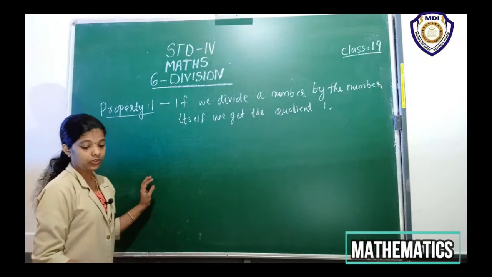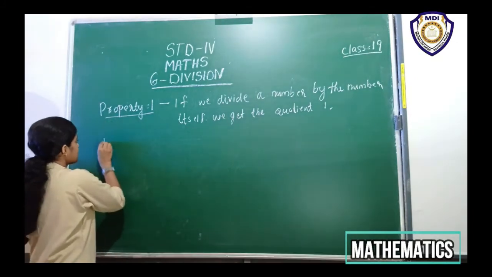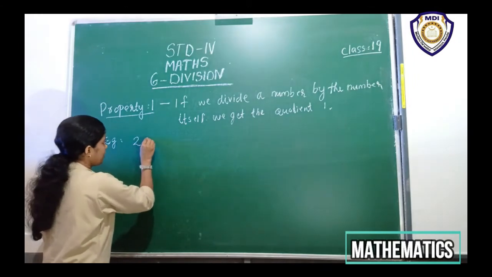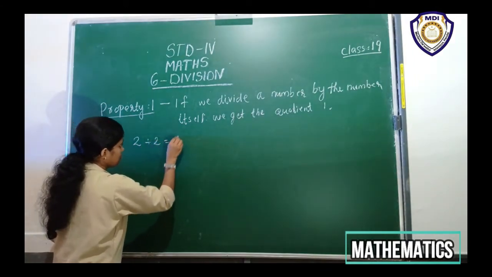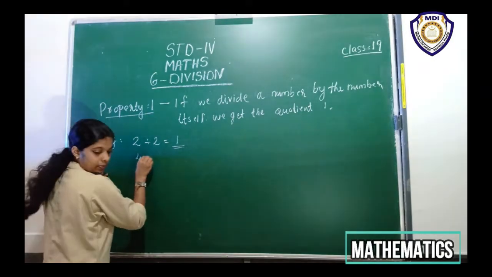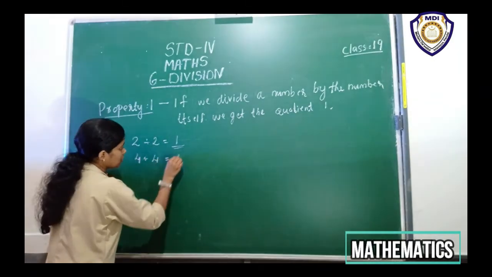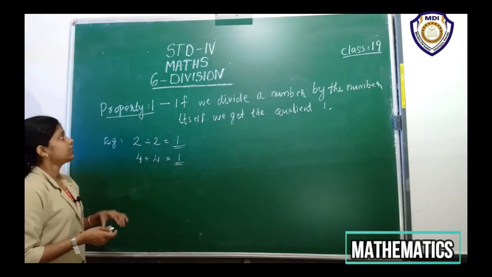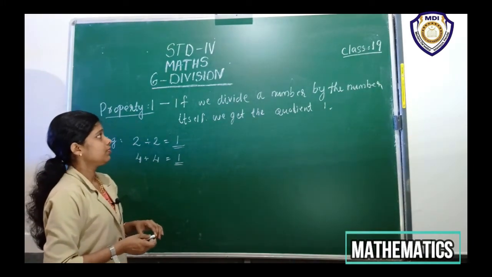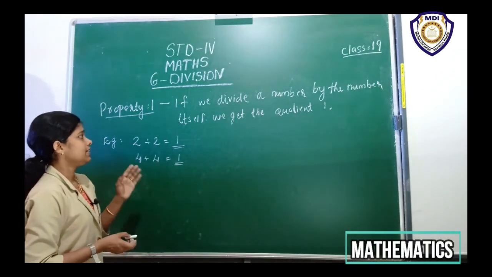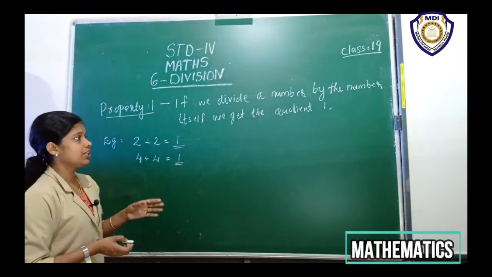One example for you. Example, 2 divided by 2 equal to 1, and 4 divided by 4 equal to 1. Okay. What is property 1? Property 1, if we divide a number by the number itself, the quotient is 1.